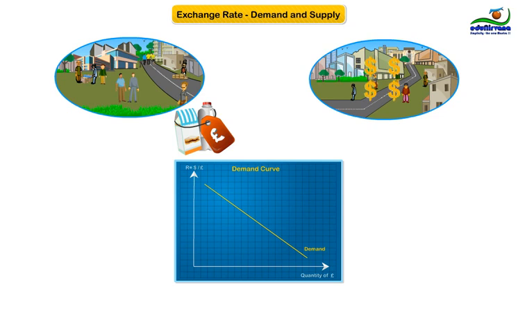However, to buy X island pound denominated products, Y island people have to convert their dollars into pounds, which finally will get reflected in terms of increased demand for pounds.